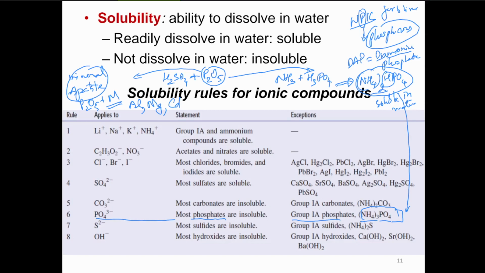So one possibility is that this DAP contains an impurity, which is MPO4, a phosphate of M, where M could be aluminum, magnesium, or cadmium. And you see that most phosphates are insoluble.